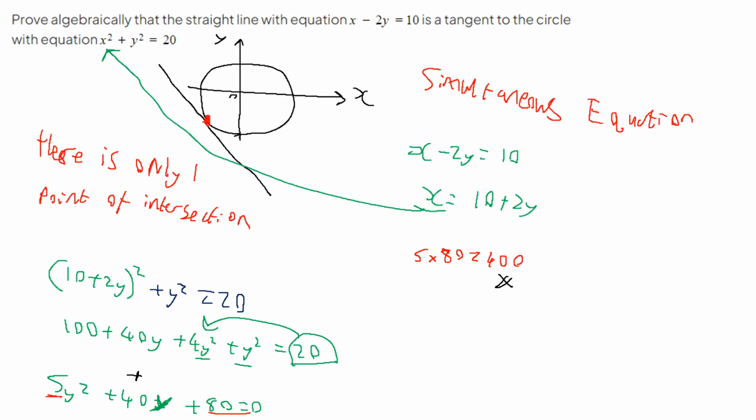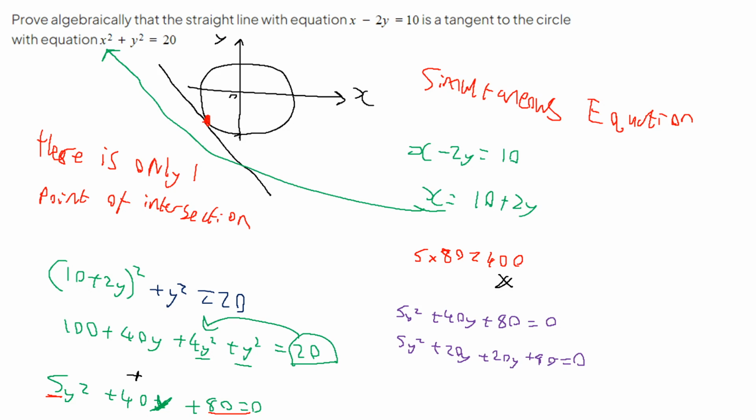We have to split up the middle, and therefore 5y squared plus 20y plus 20y plus 80 is equal to 0.